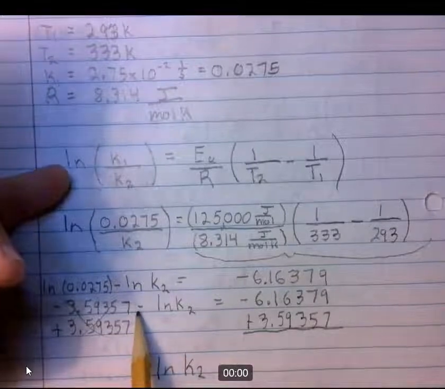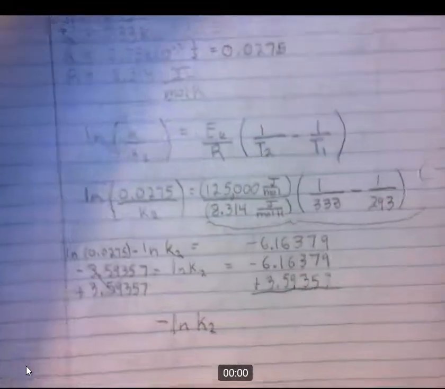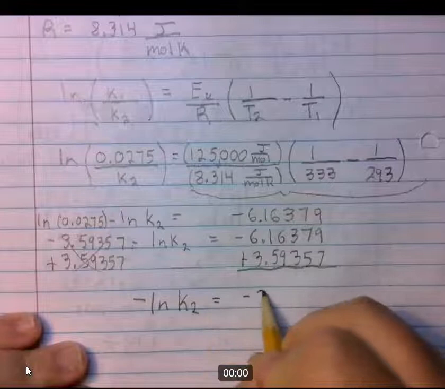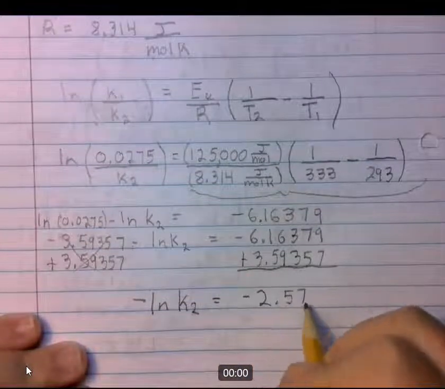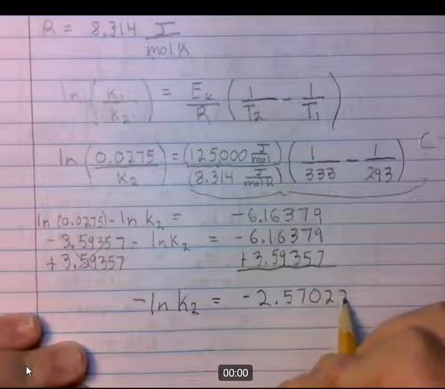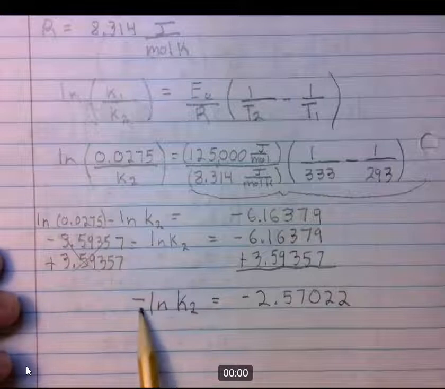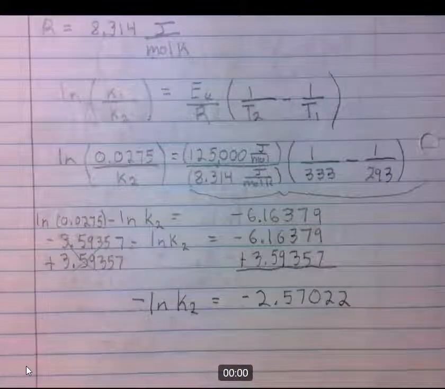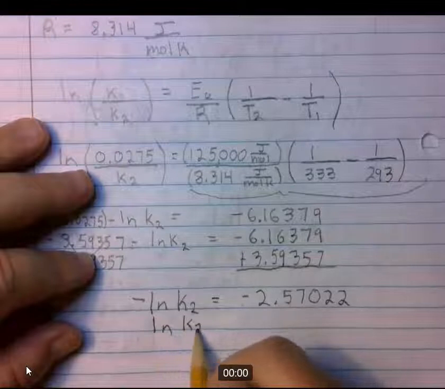Don't forget that negative sign is still there. And over here we end up with negative 2.5. So now we can just get rid of the negative signs on both sides. Just think of it as multiplying through by -1 or dividing by -1, both sides, however you want to think of that, and you just end up with positives on both sides.